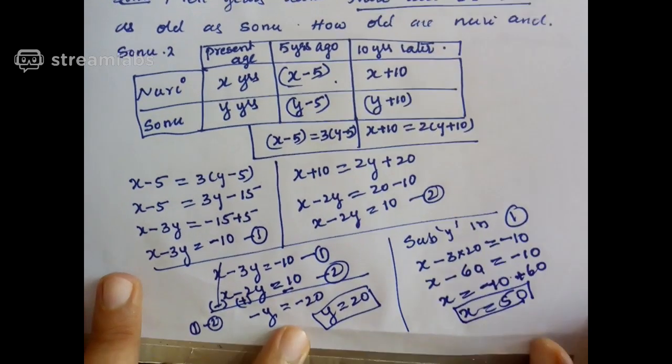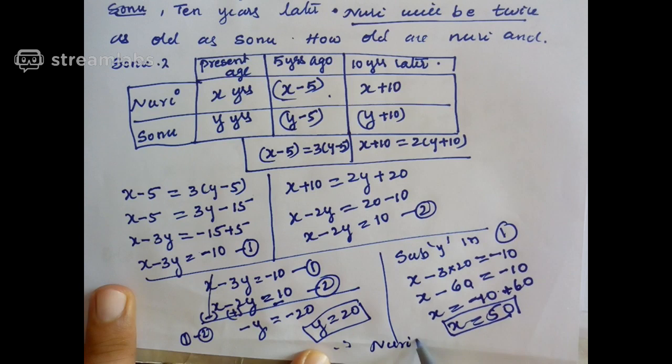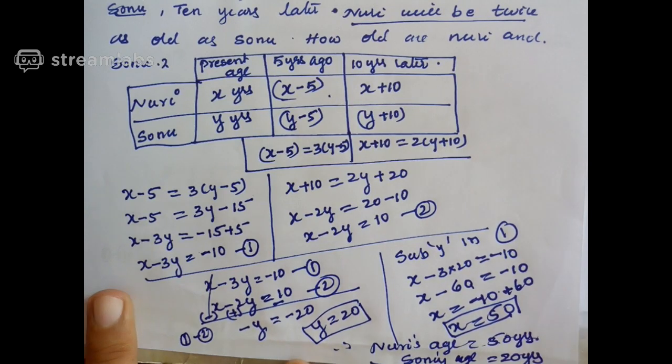Therefore, Noori's age is 50 years and Sonu's age is 20 years. This is the answer. Take the answer.